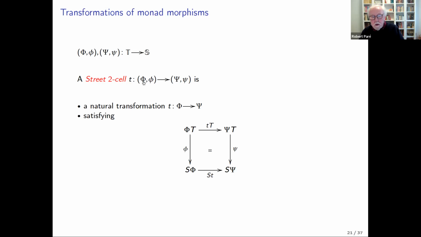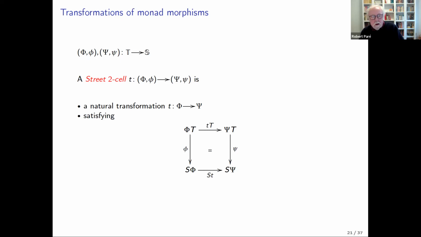So a two cell from a morphism phi into psi is a natural transformation from phi to psi, which commutes with the structure arrows here like this. 20 years later, Lack and Street published Formal Theory of Monads 2, in which they introduced a new two category of monads in order to show that it's the free two category generated by taking the Kleisli construction.